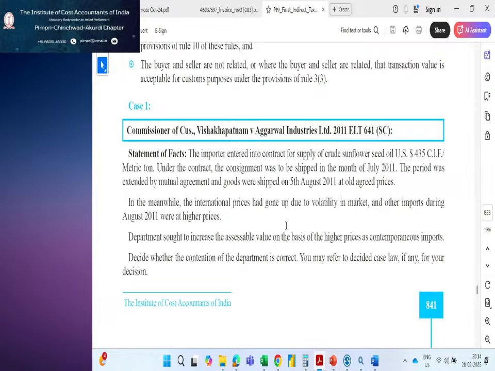So in the case of market conditions, if there is a plus or minus in the price, the department, the customs officers also, they don't want to reduce their collection in the duty amount. So they always see if there is an increase in the market price, then they will increase the assessable value as well.